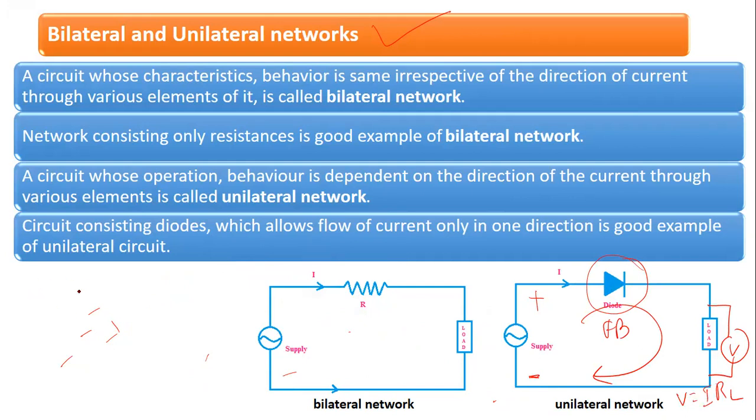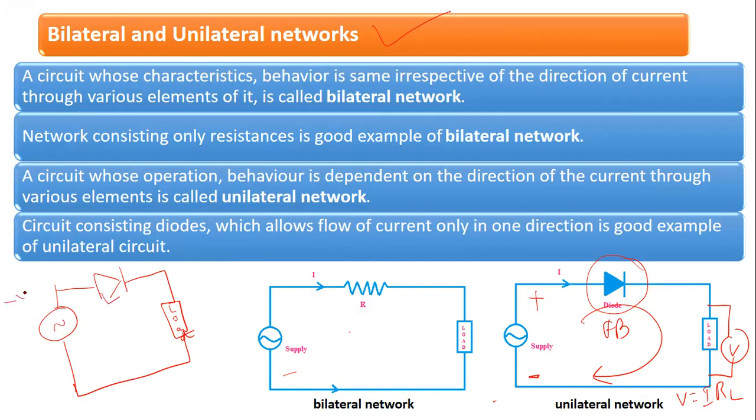Now, if the same circuit diagram is used, I'll draw it here so that you don't have any confusion. So let us draw it here. We have a diode connected, we have a load resistance or load connected. So this is a load, right? Now this is a diode.